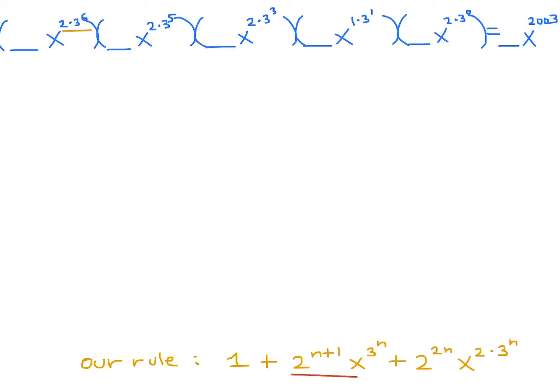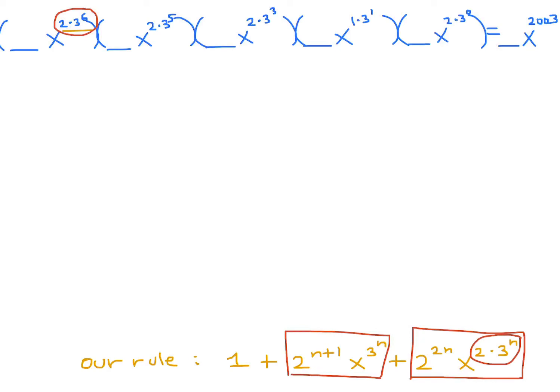Now you tell me, is it this one or is it this one that I'm going to be looking at? Look at my coefficient here. 2n plus 1, 2 to the power of 2n, right? But look more closely at the way the exponent looks. It's this guy, right? 2 times 3 to the n.